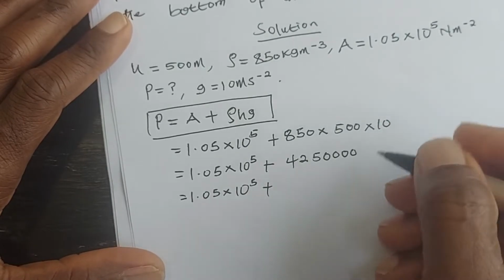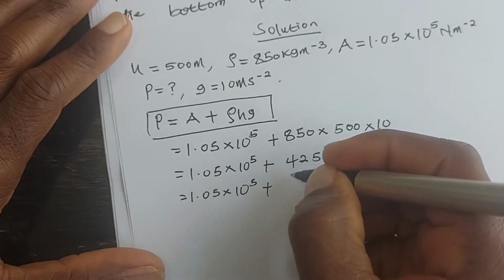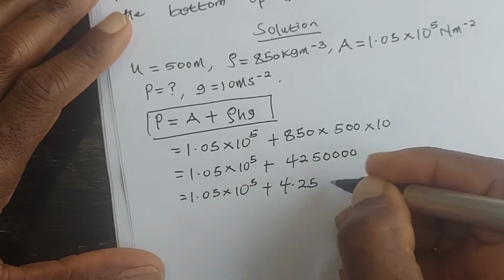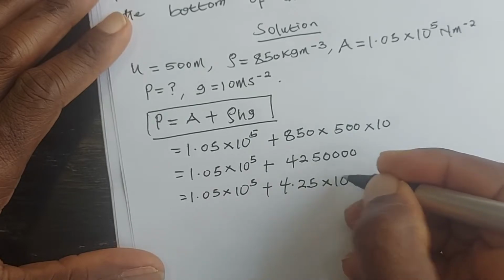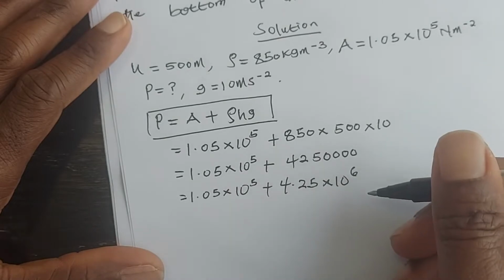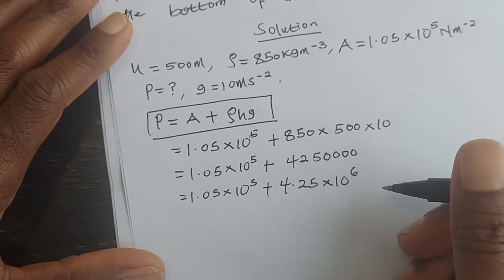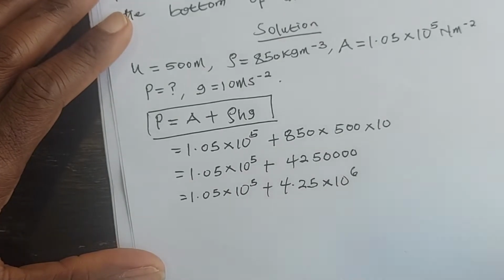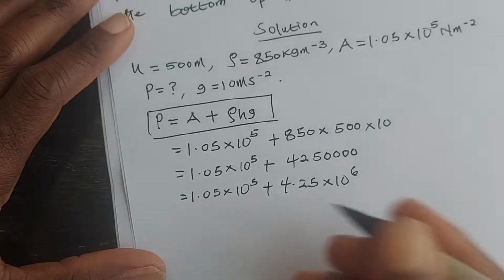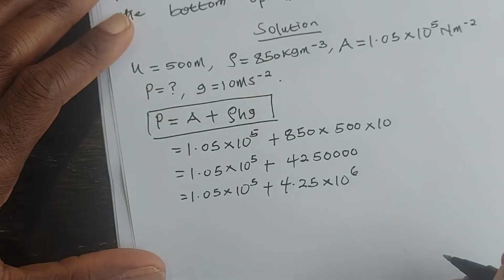So I can say this one is 4.25 multiplied by 10 raised to the power 6. Yes, in standard form, that'll be 4.25 times 10 raised to the power 6. Oh, wow. I think we're having different powers now. So we're having 10 raised to the power 5 here, and 10 raised to the power 6 here.